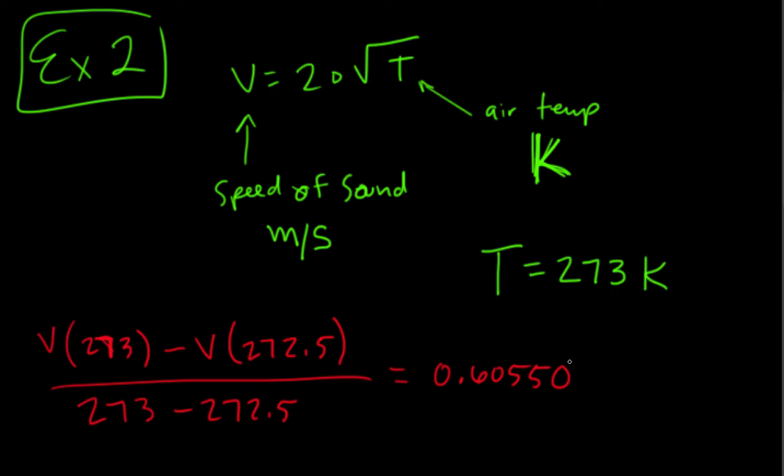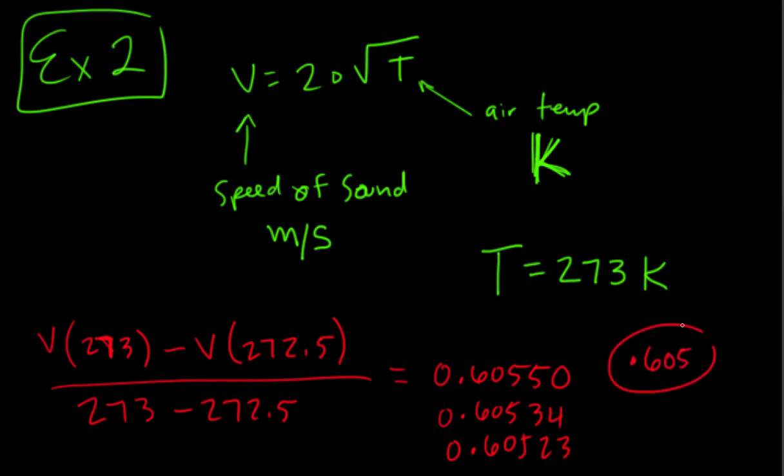You'll notice that as we make this smaller and smaller, we'll be getting numbers like this. And so it's safe to say that 0.605 is what we're getting closer and closer to.